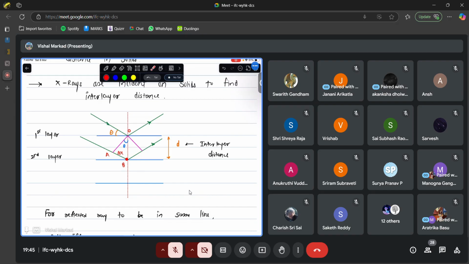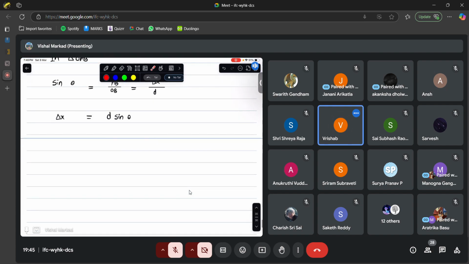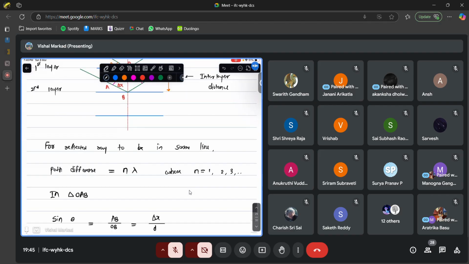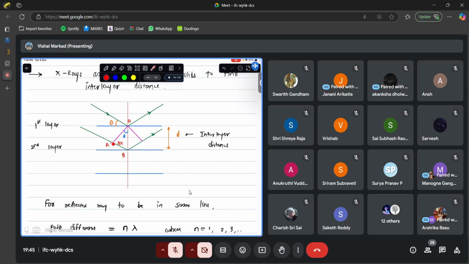For this one thing. So what is the net path difference? Total path difference is how much? See here, path difference. How much extra is this ray traveling? This much amount, right? If I compare the first ray of X-ray and the second ray, how much extra is the second one traveling? This delta x in the incident path. But in total how much is it traveling?